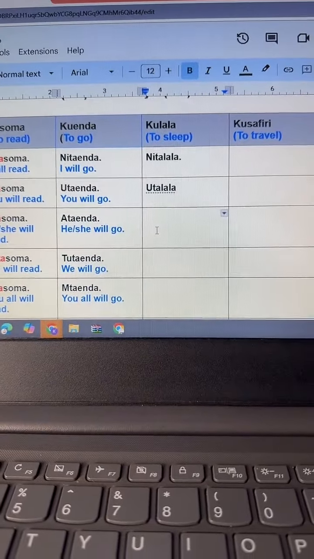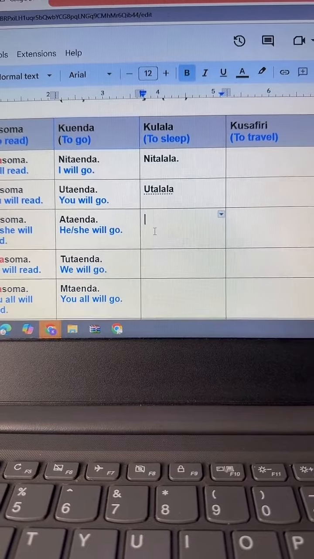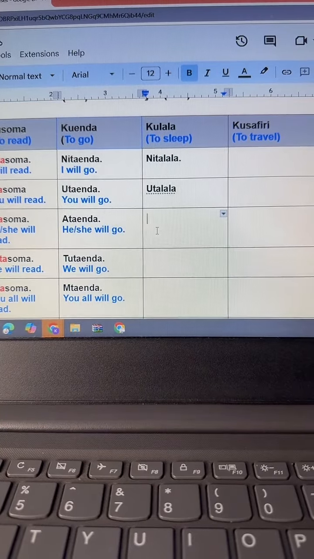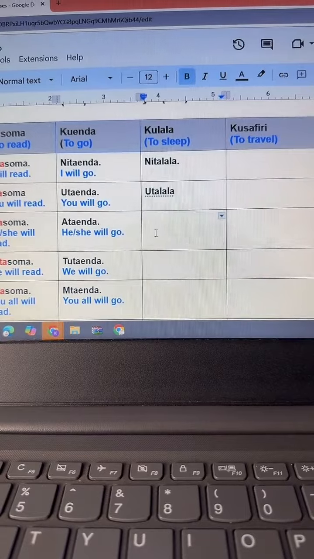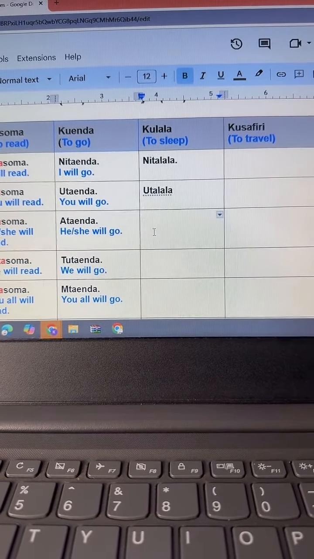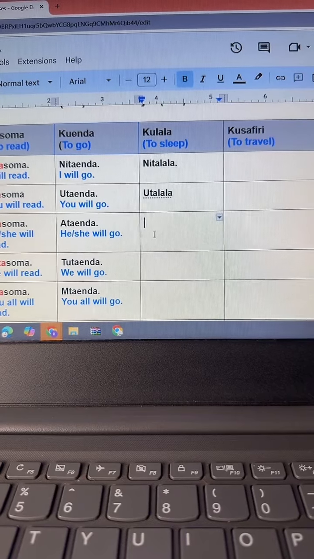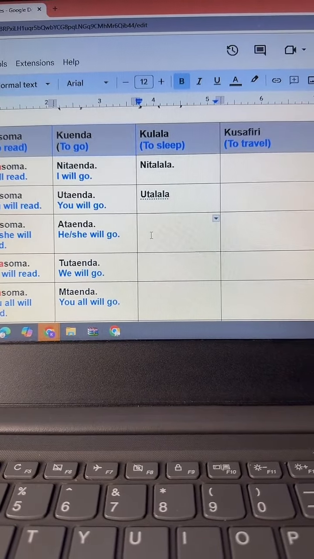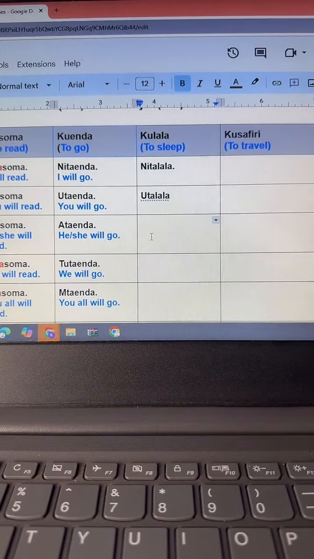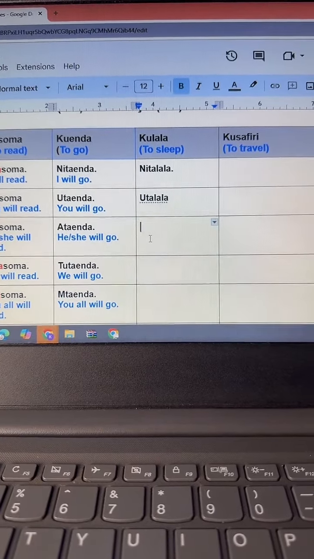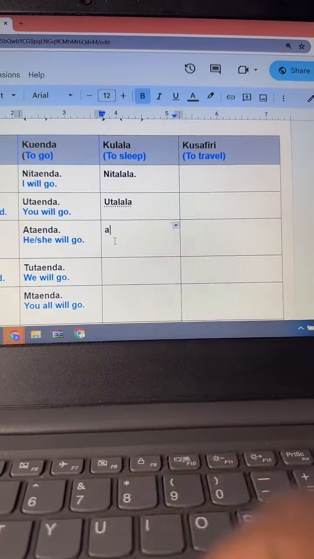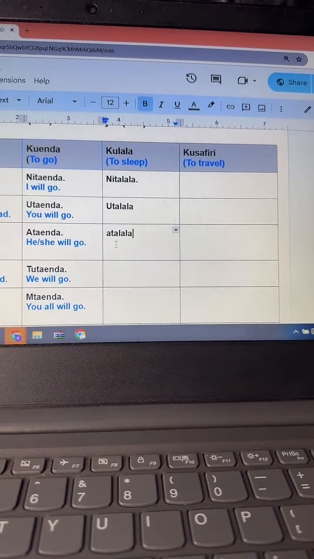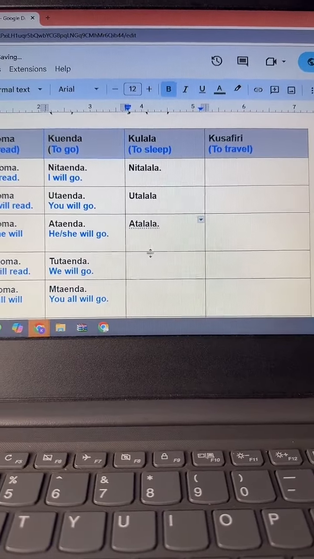Yeye atalala vizuri sana. Atalala. Atalala. He or she will sleep.